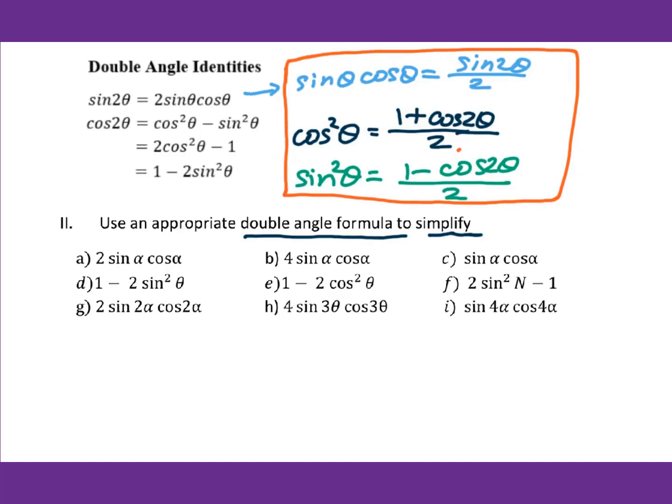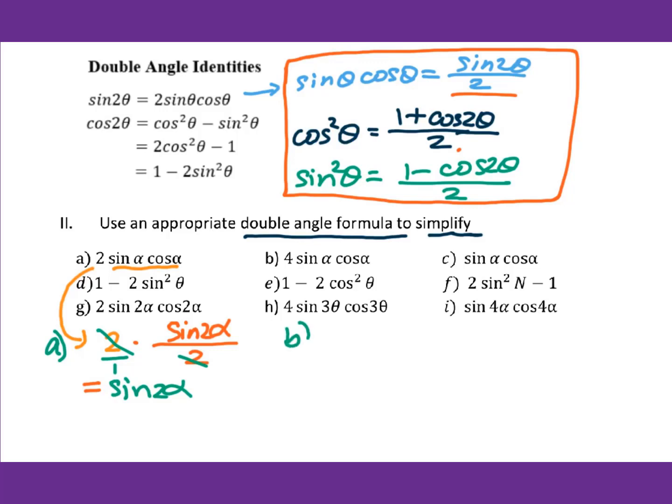For example, for A, sine alpha cosine alpha, that means 2 times. We go to this formula, times 2, sine 2 alpha. Then reduce. You got sine 2 alpha. That's for A.